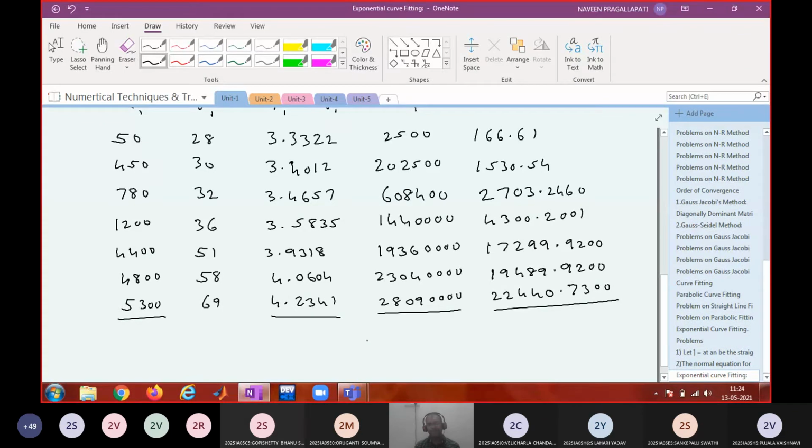What is sigma xi value? 16980. This is sigma xi. Next sigma capital Yi. 26.0089.